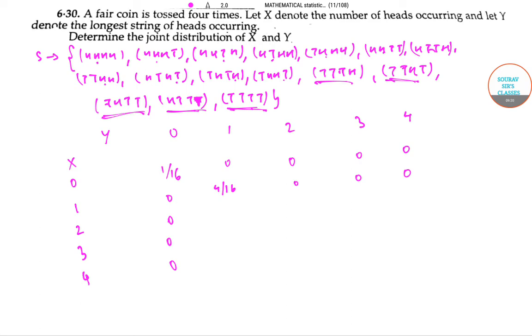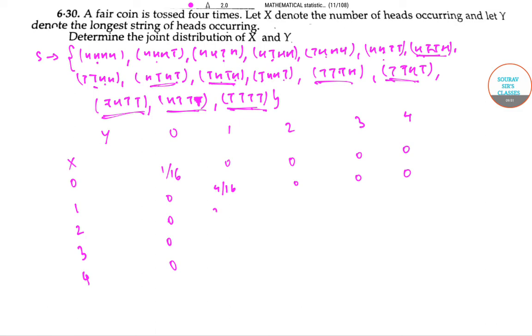Now given you have 2 heads, what is the probability that you have a string of just 1? Let us analyze the cases where we have 2 heads. We have these 6 cases. In how many cases do we have just 1 head in a string? 1, 2 and 3.